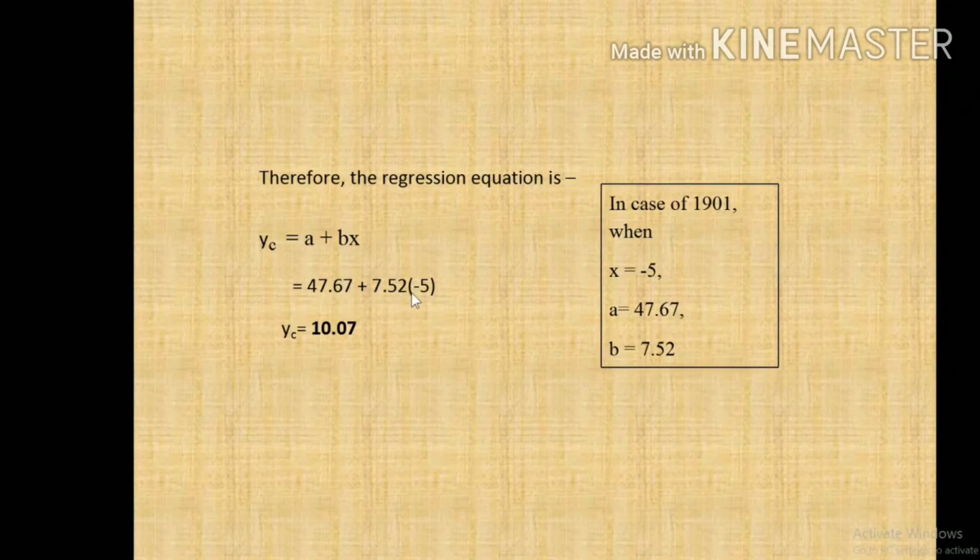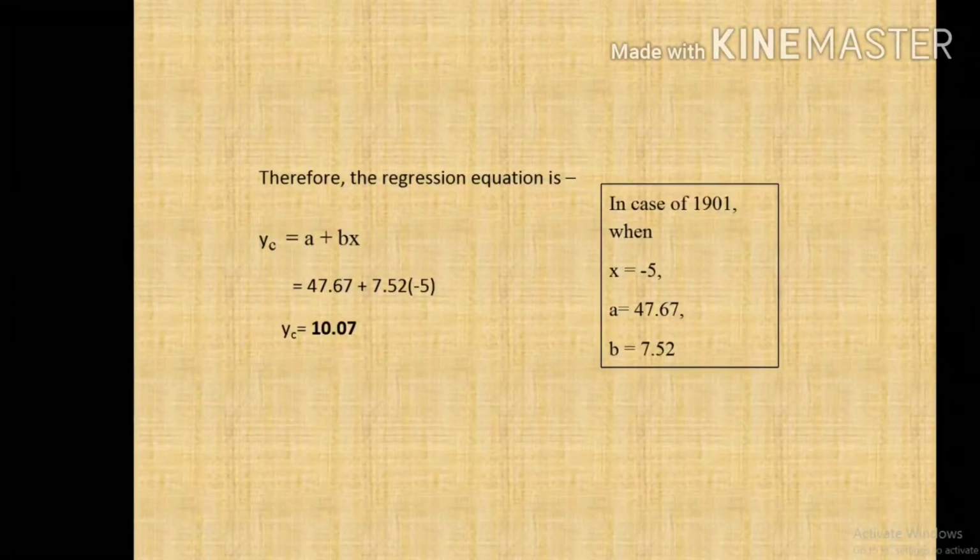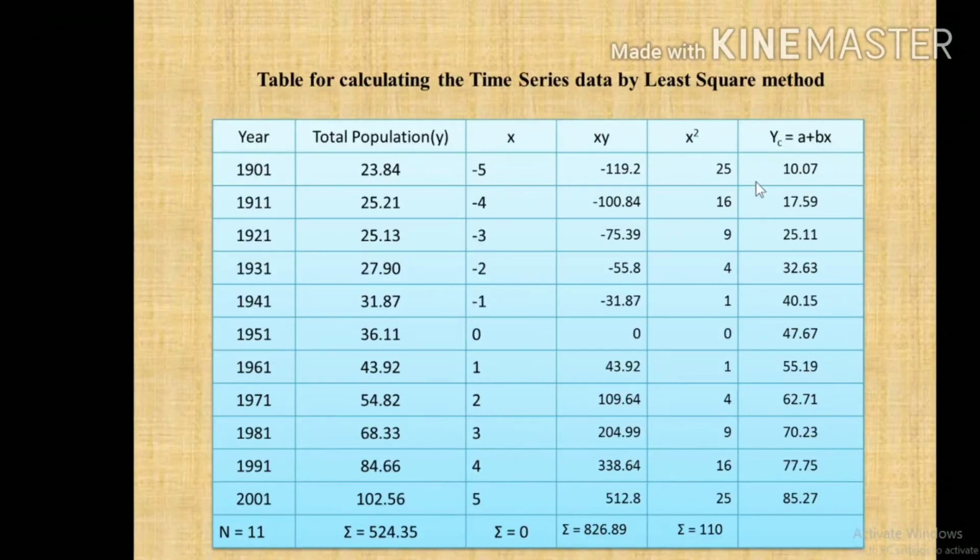So altogether the value of yc, that is the predicted dependent variable for 1901, is 10.07. In this way, you have to calculate the predicted value of the dependent variable for all the years.